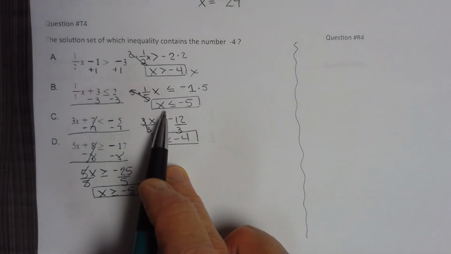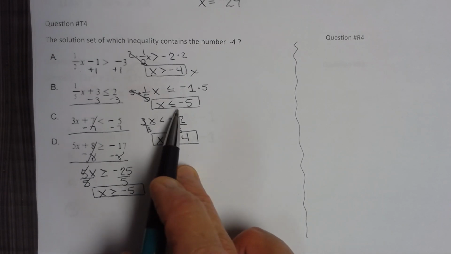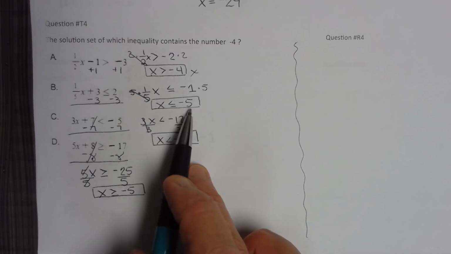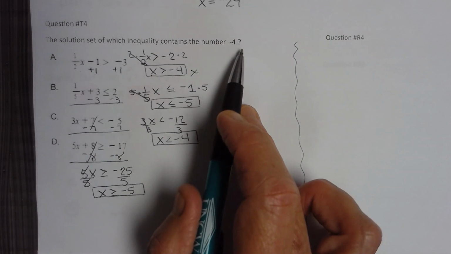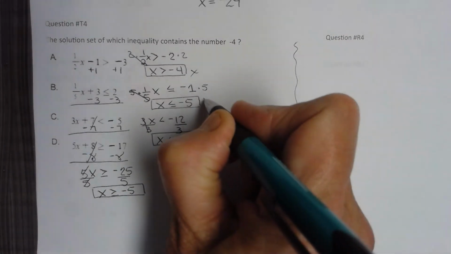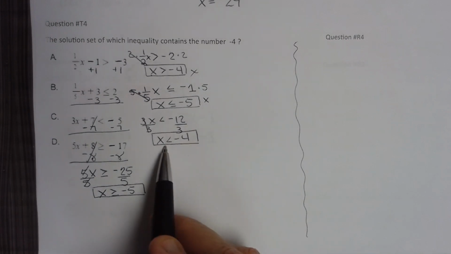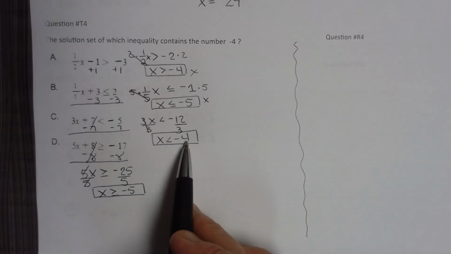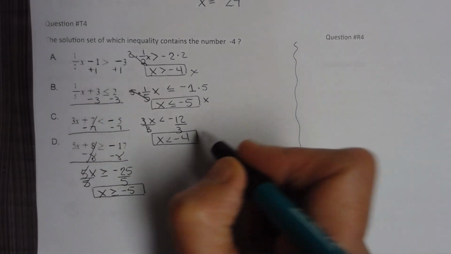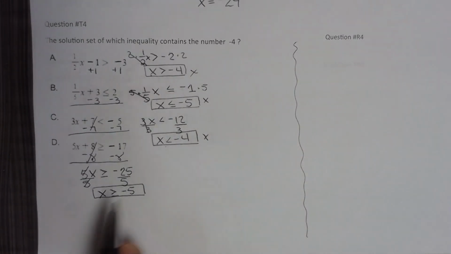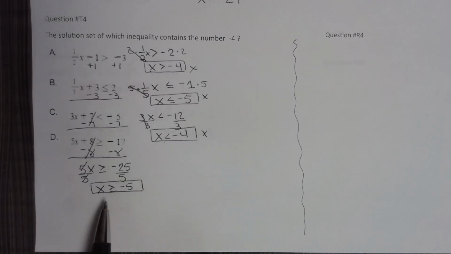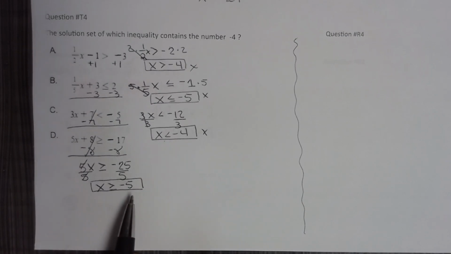This solution says any number that is less than or equal to negative 5. That does not include negative 4. So this is not the correct answer. This one is just like A. It says x can be anything less than negative 4. So that is not correct. This is the correct answer. X is greater than or equal to negative 5.